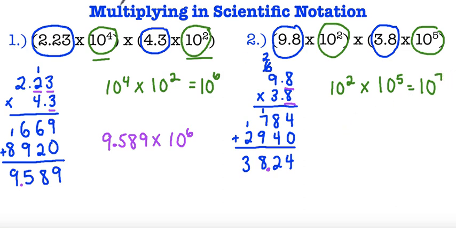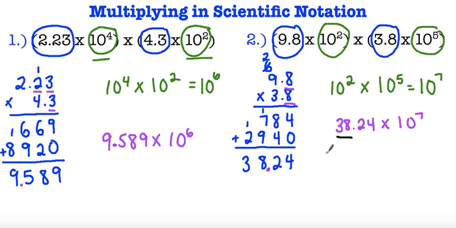And here my final answer is 38 and 24 hundredths times 10 to the power of 7. However, even though we multiplied correctly and we did everything right, you'll notice that our digit here is not between 1 and 9, so we do have to change that.